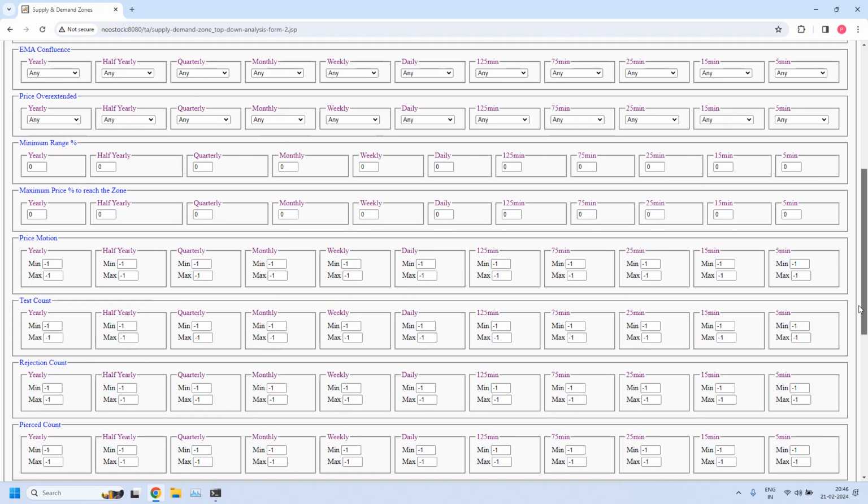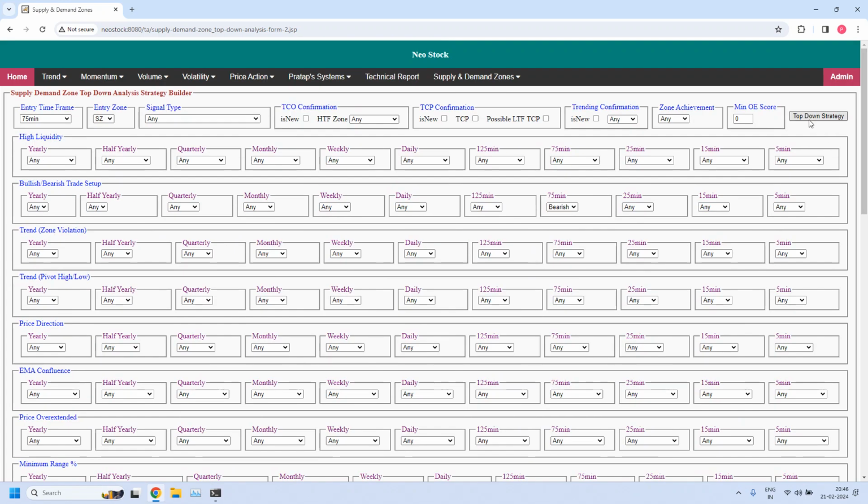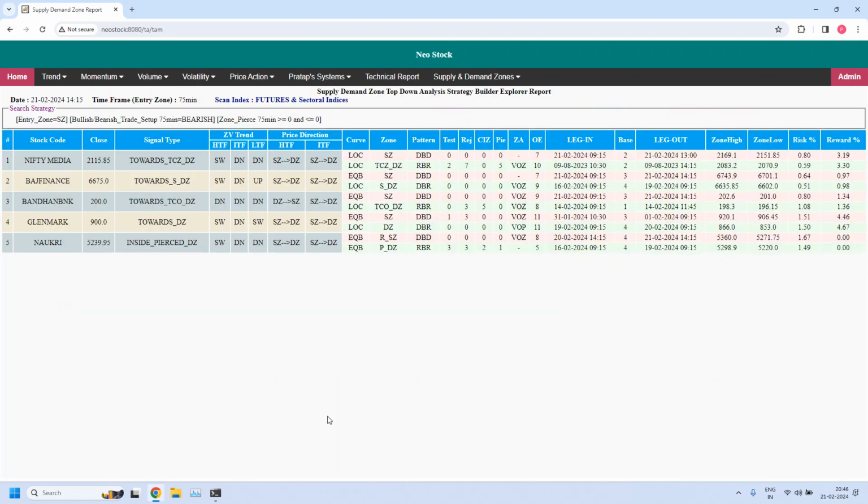So setting the pierced count for 75 minutes as 0, 0 indicates a minimum. Only 0 count zone should be filtered. Pierced count 0 means the zones are not pierced. Now these 5 stocks are filtered. I don't require any further filters in this because the list is very small.